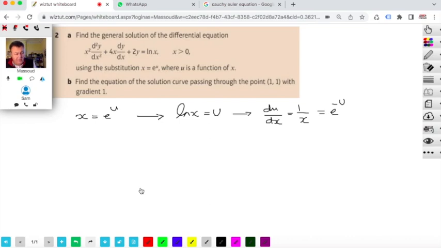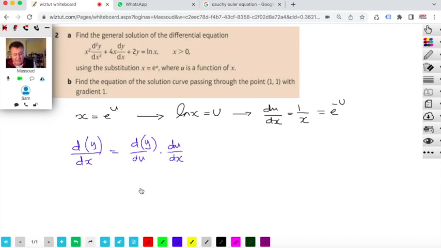So the direction we're going to take is to see if we can change the variable from x to u. I start with the first differential of y with respect to x, which is what we normally know as dy dx. This can be changed to dy du as long as we multiply by du dx.